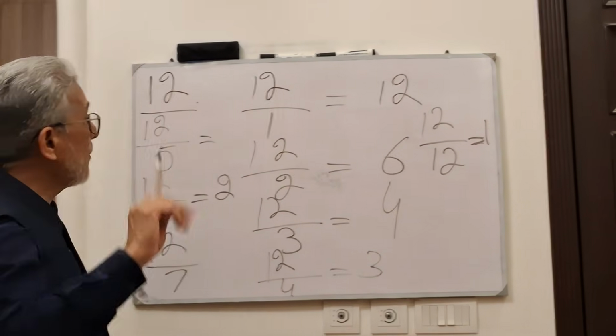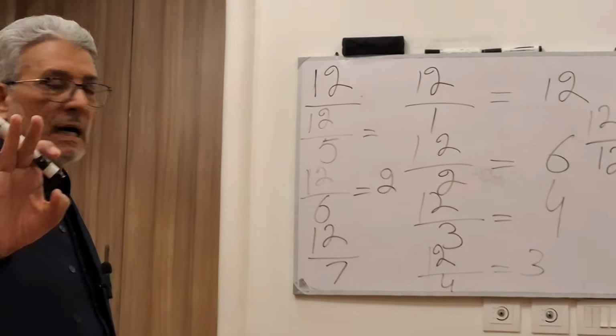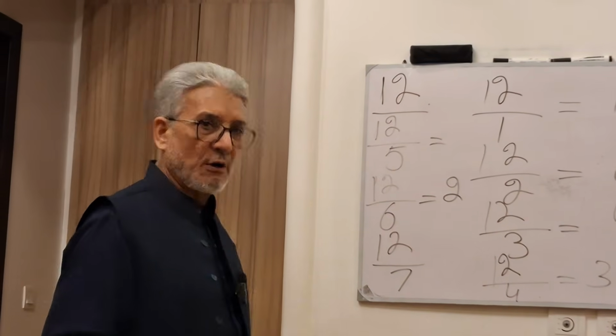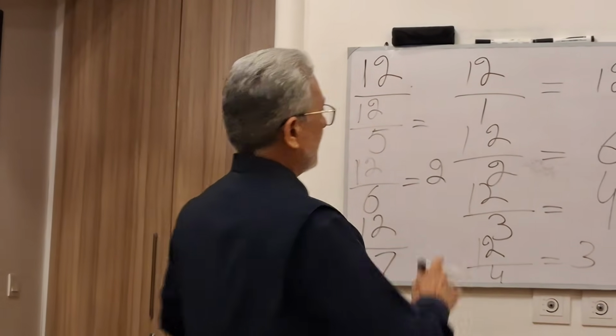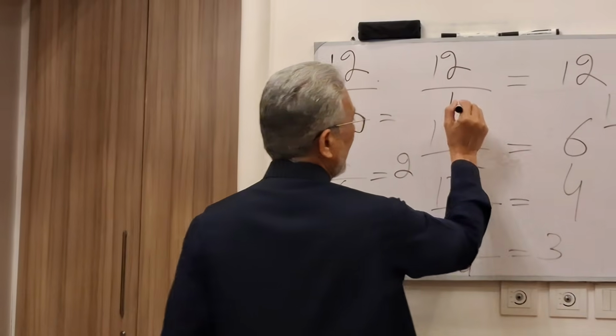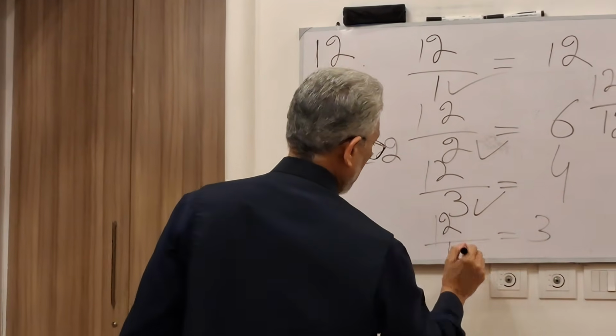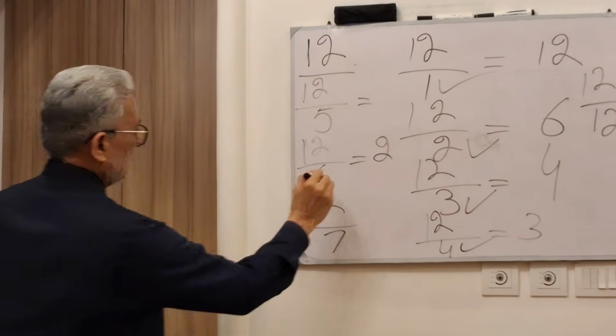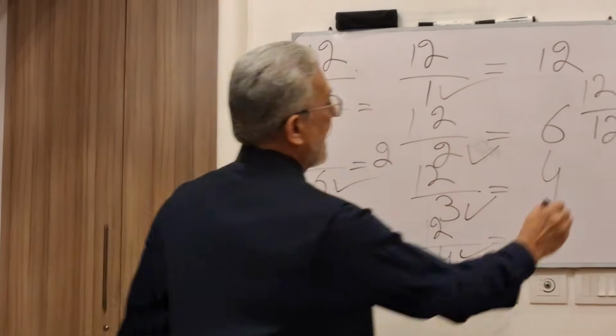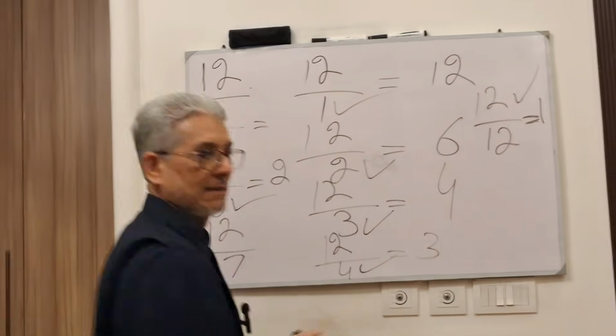So, how many factors have you found out? 1, 2, 3, 4, 5, and 6.